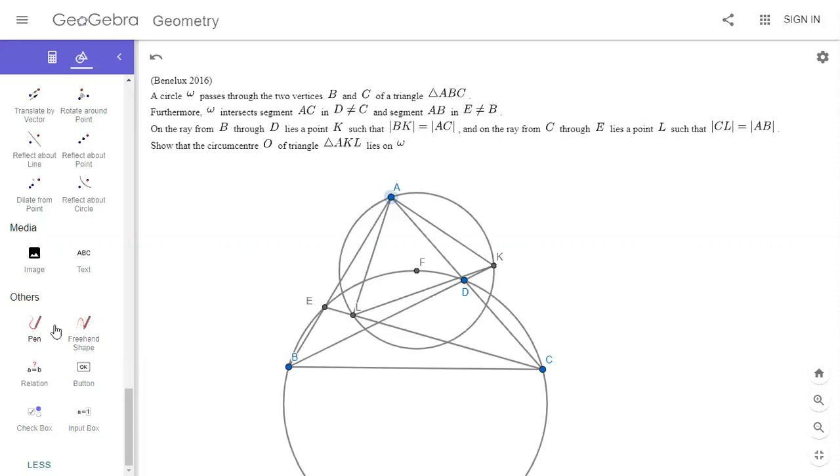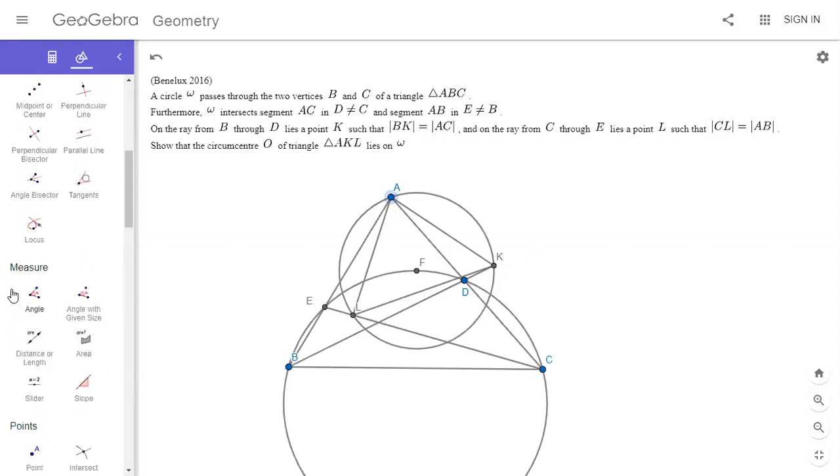So if they're congruent, then that means if you draw the angle bisector of LAK, yeah, so I'm going to draw the angle bisector of LAK.